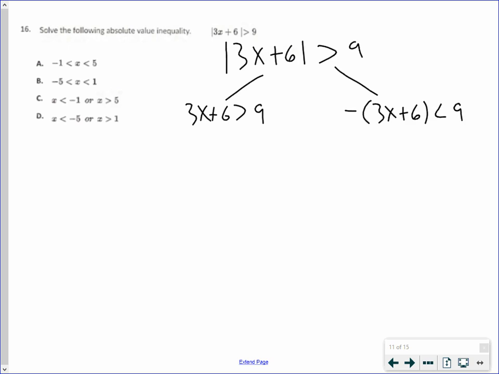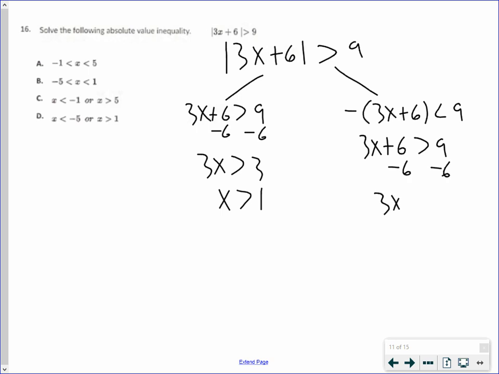Those are our two scenarios. Let's solve. We subtract 6 from both sides: 3x is greater than 3, or x is greater than 1. For the right side now, we're going to divide by negative 1, and when you divide or multiply by a negative number, remember, you flip the sign. So we end up getting 3x plus 6 is greater than 9, minus 6.